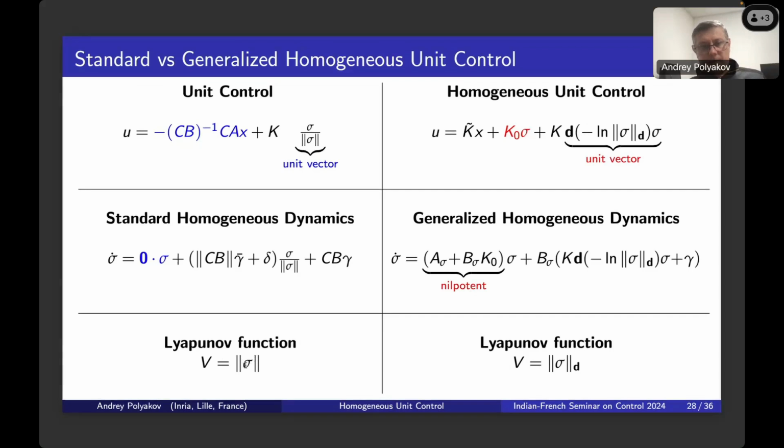So instead of a standard Lyapunov function for the linear system, like a quadratic Lyapunov function, or the weighted Euclidean norm, which is equivalent to a quadratic Lyapunov function, we use the Lyapunov function based on this canonical norm.